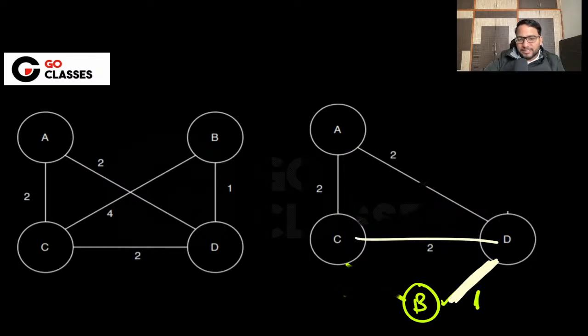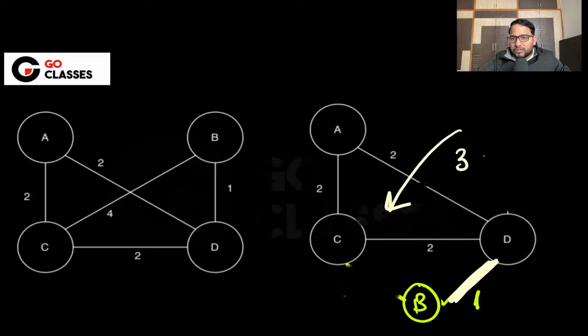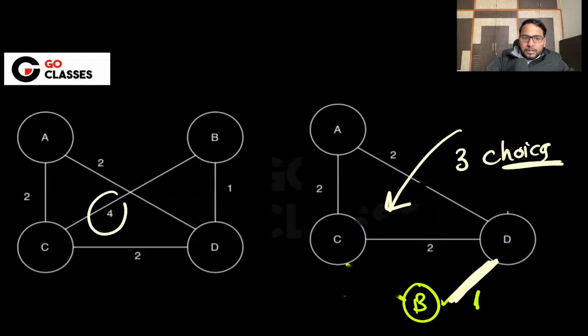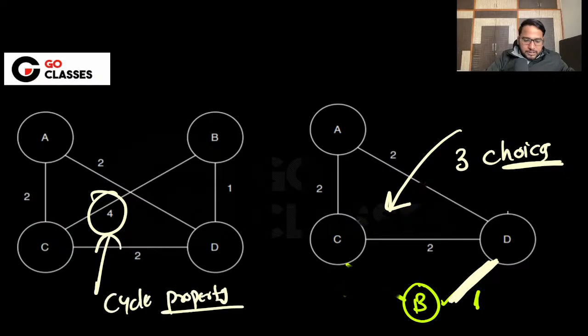So basically these will be 3 choices. You can just remove one of these. So these are the 3 MSTs here, 3 choices to connect. And this 4 will not be part of the MST. Why? Because of the cycle property, that the heaviest edge will not be part of any MST.